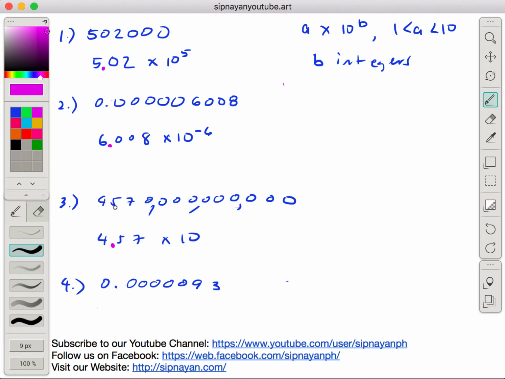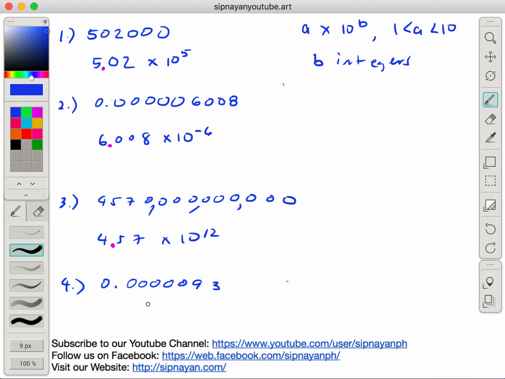Tama ba? So that's 10 to the 12th power. Positive siya kasi 4.57, gagawin mong napakalaki na number. Therefore, lumalaki yung number, so dapat positive yung ating power.